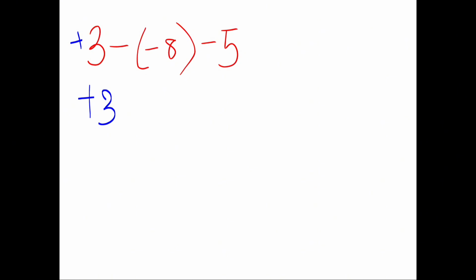Minus multiplied by minus, right? That's minus multiplied by minus, and that is what? Very good, a plus. Plus what? 8. Do you get that? We've used that to open this bracket up, and then we are left with what? A minus 5 beside it, right? So we have minus 5. Can you see that? Very good.